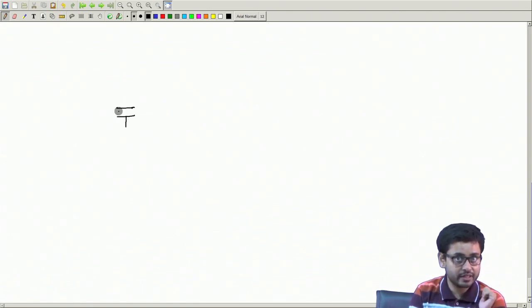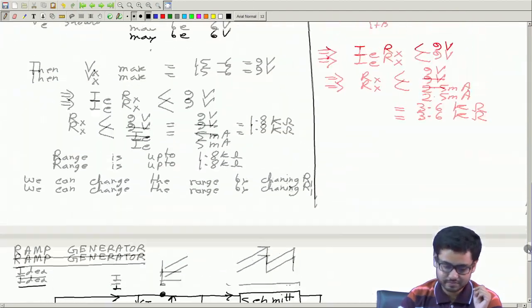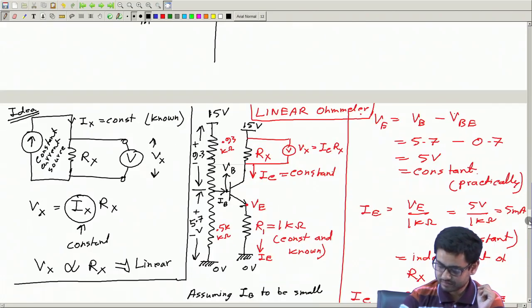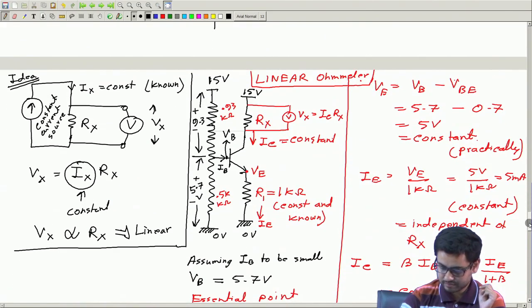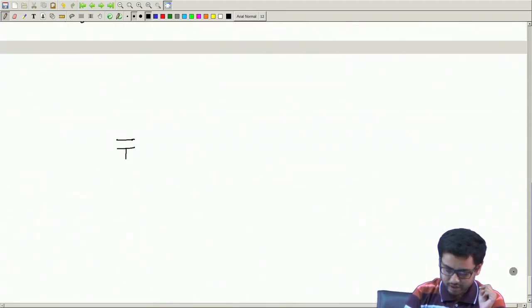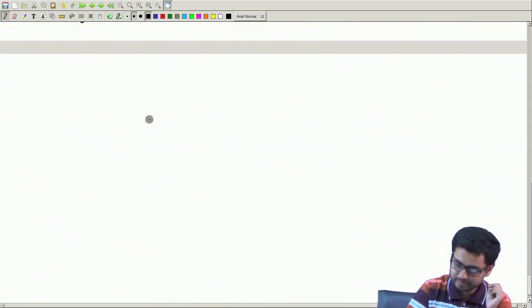Now, how can we realize a current source? We did it when we studied the linear ohm meter. So this is a constant current source. Let me first draw the current source.